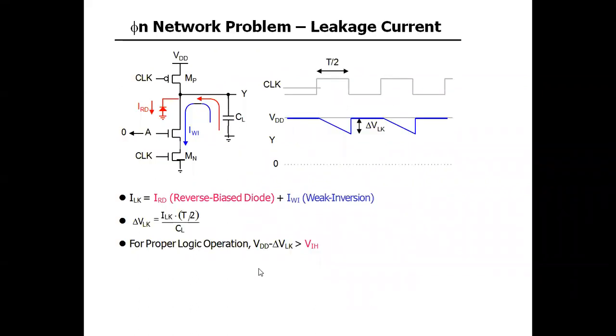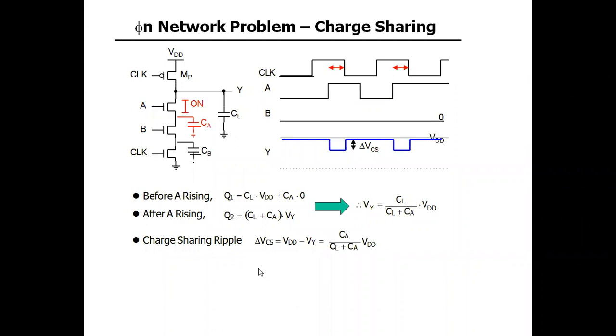Now what are the problems associated with the phi n network? Leakage current, this is one of the major problems, right? Then the second one is charge sharing. Because of the internal capacitance and also load capacitance, the charge is shared by different NMOS.